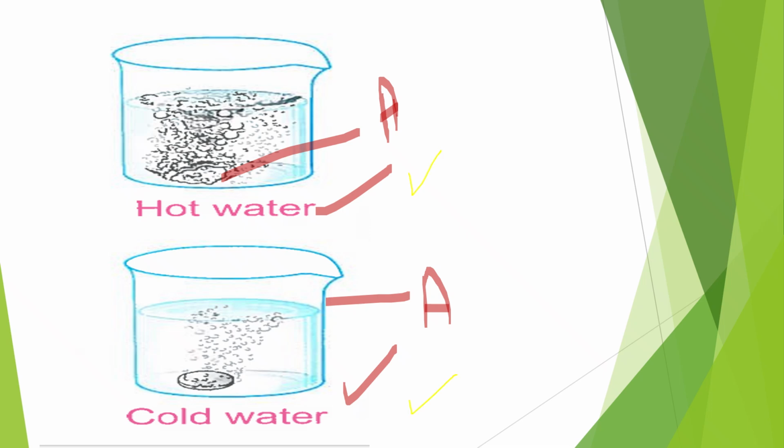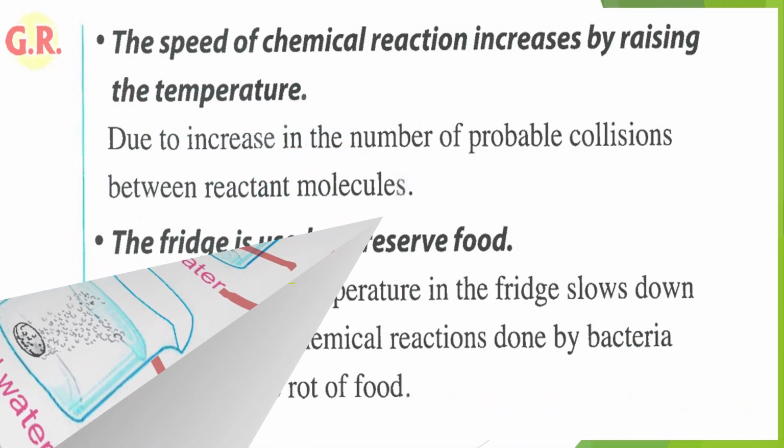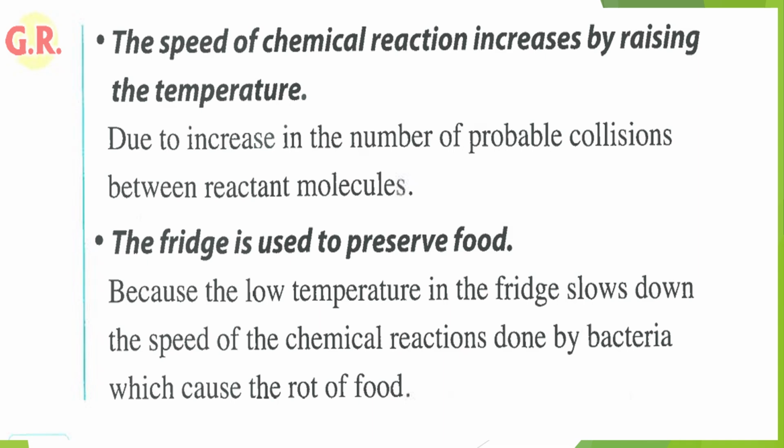Why? Because the speed of molecules in the hot water is greater than it in cold water. So the speed of the reaction increases by increasing the temperature. Why? Because the increase in the temperature increases the number of probable collisions between the reactant molecules.